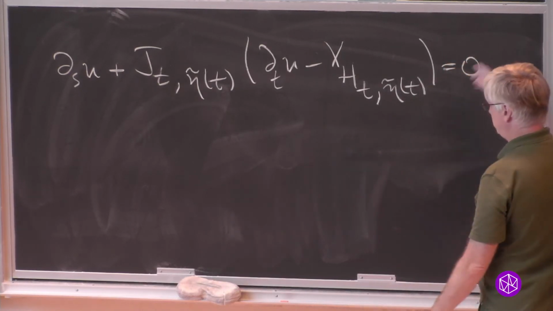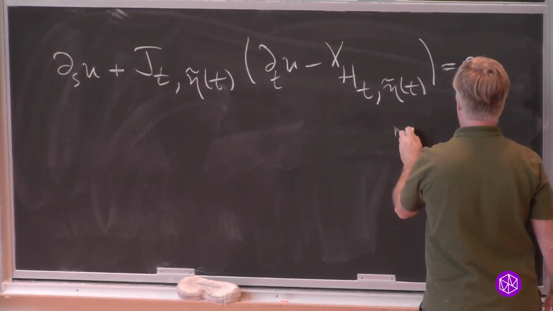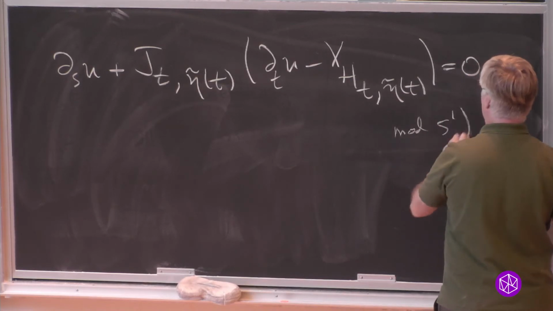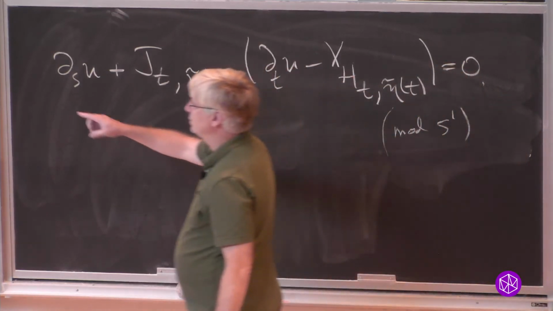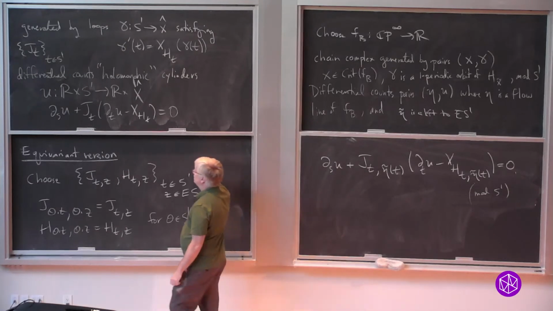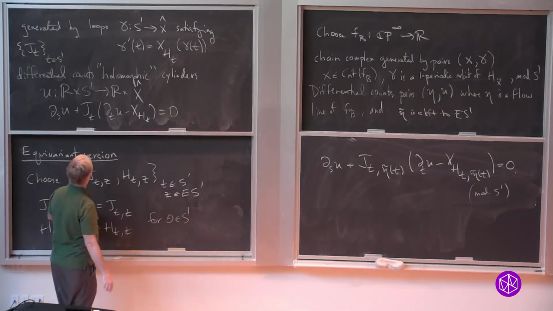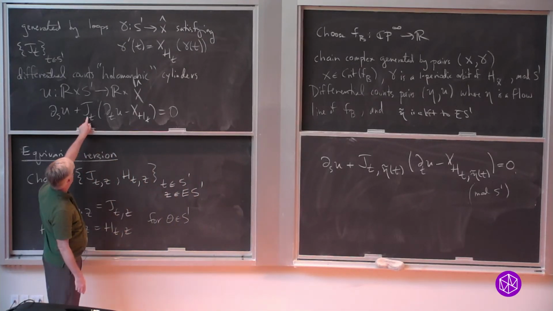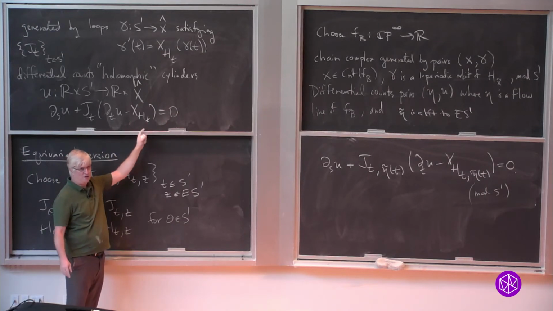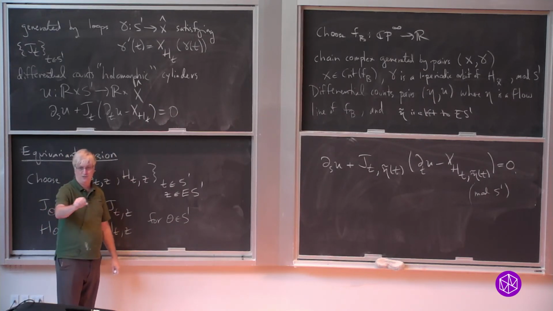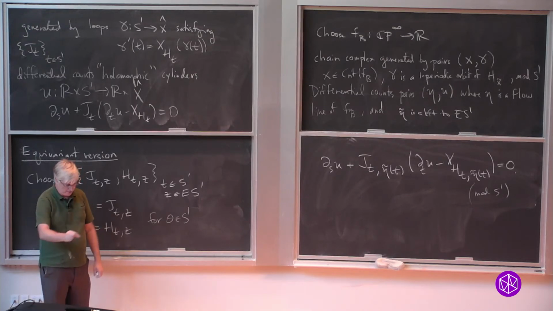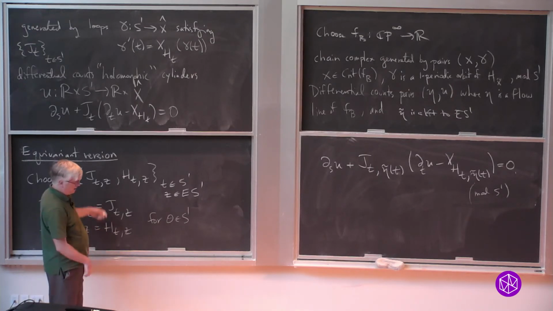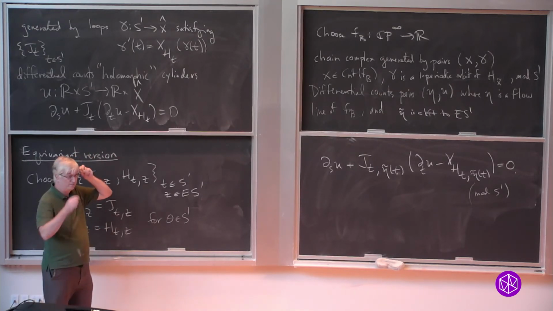And there's an S1 action on the whole space of these, so you have to mod out by S1. So basically you take Floer's equation, but the data in the equation, the almost complex structure and the HT, now depend on where you are in the base in CP infinity. So you're coupling this flow line in the base of CP infinity to Floer's equation.